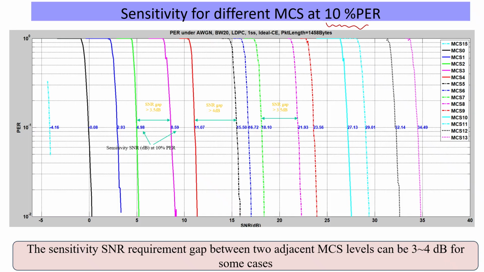You can again see that there are certain MCS jumps where there are large gaps in the SNR for achieving a certain packet error rate. Okay, these again were presented during the standardization. And so the combination of these two facts, there are bigger jumps in certain places with respect to spectral efficiency, and there are big jumps in the sensitivity requirements.